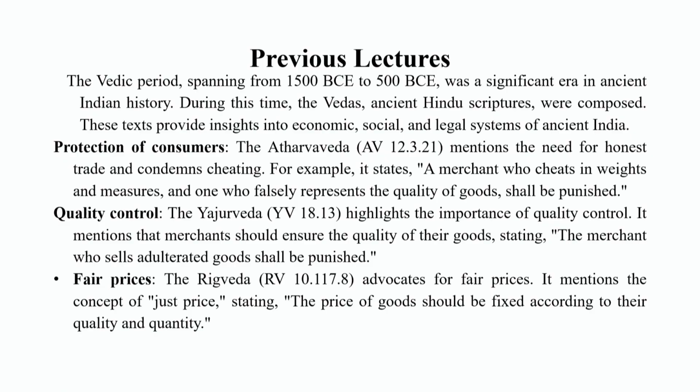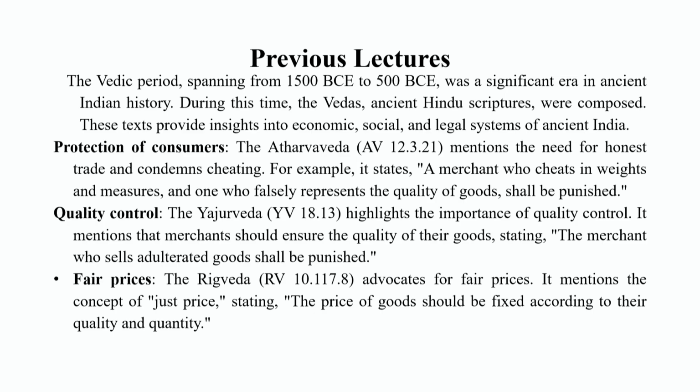as literature where we can trace the relation between the modern law system and the principles of that time. And we found there were two or three basic aspects on which consumer law or trade relations were governed: protection of consumers, quality control and fair price.